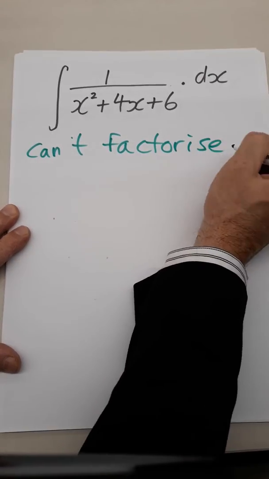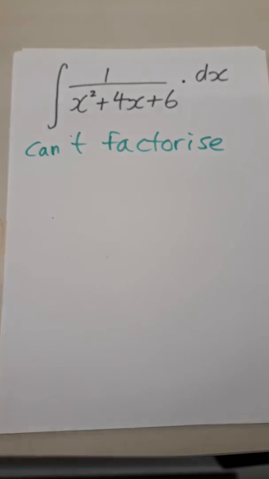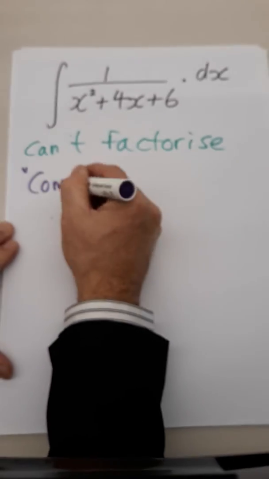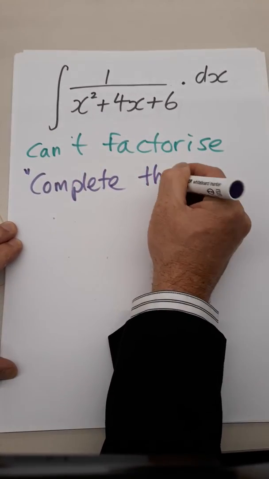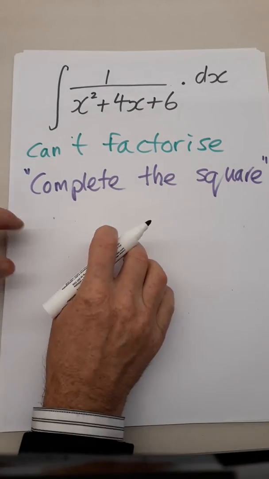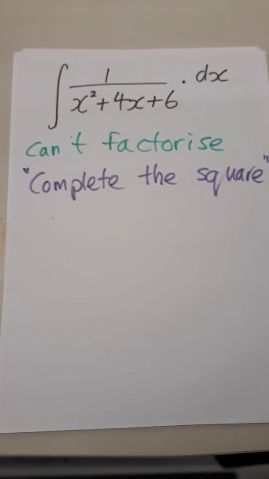And when I get ones that I can't factorise, I start to think it could end up being an inverse tan, but I'm going to have to put it in that format. So the trick here would be to complete the square. That's what we'll need to do with this one.